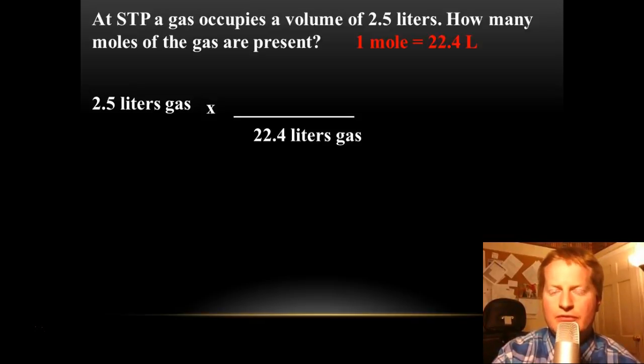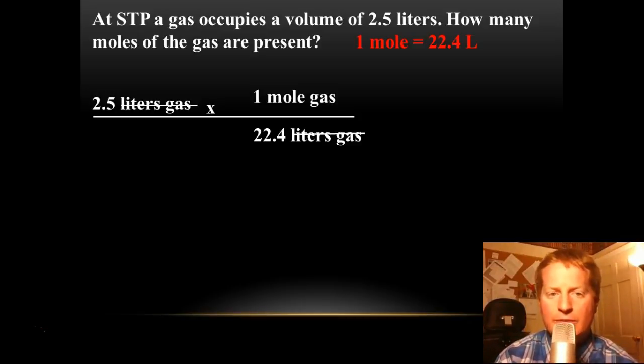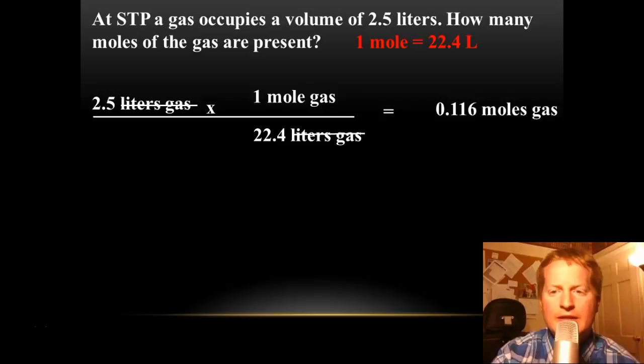So that's our conversion factor again. Now we can cancel liters of gas with liters of gas, and we're left with just mole units, which is what we want. Now we take the top and divide by the bottom, and what we get is 0.116 moles of that gas.